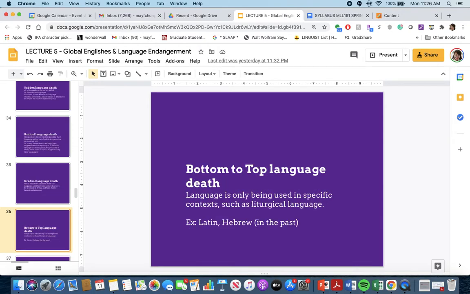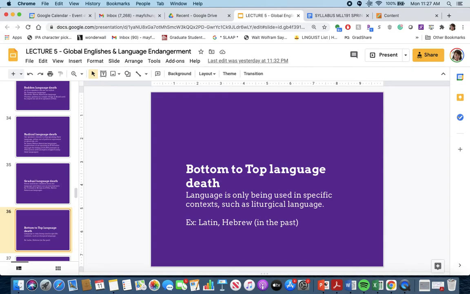It could be a bottom-to-top language death, in that the language is used only in specific contexts. So the language is dead, but it's still used. For example, Latin, right? No one speaks Latin fluently, but you still need to learn it for law, or some of you probably took Latin in high school, right? It's used as a class.